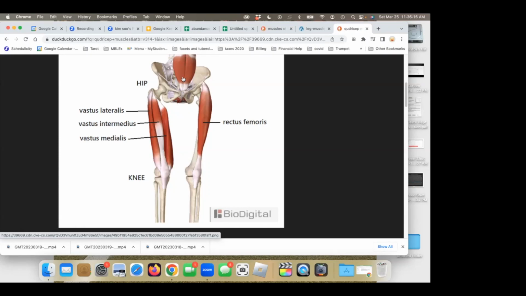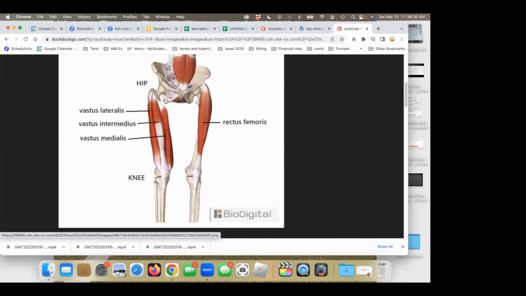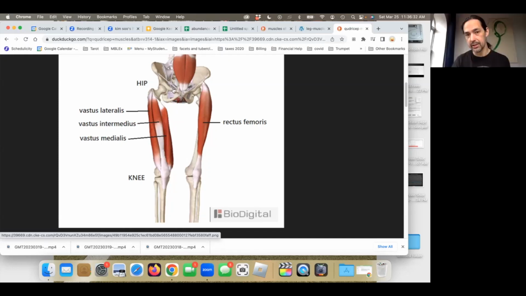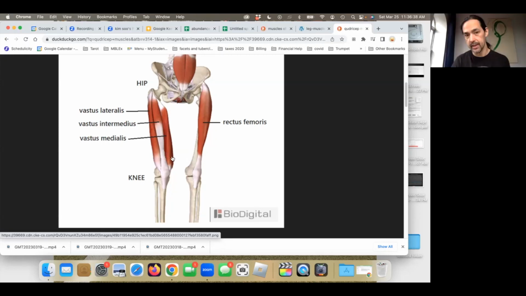Let me know if you don't see any of the structures. If you draw a triangle from the greater trochanter down to the knee and up to the midline, that triangle is where the adductors are. So they'd be attaching here like this. And the adductor magnus is from the back and comes down and attaches like that.